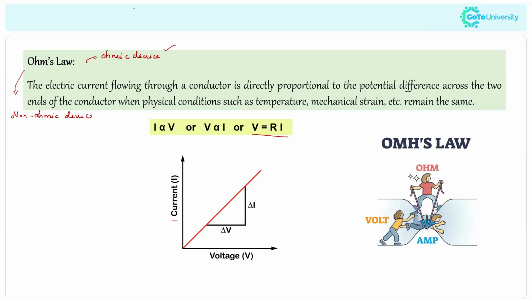By using this, most of the questions you will get in your NEET exam give you the graph between current and voltage and ask you to select which is an ohmic device and which is a non-ohmic device. So keep in mind, if the graph between current and voltage looks linear, diagonal and linear, then the device is ohmic. If it is not linear, if it looks like a curve or a parabola or anything, we can say that it is a non-ohmic device which does not obey Ohm's law.